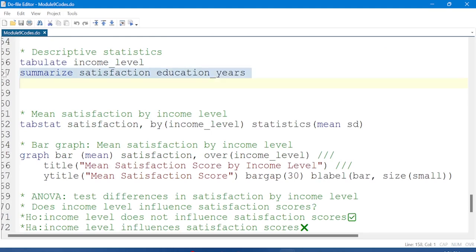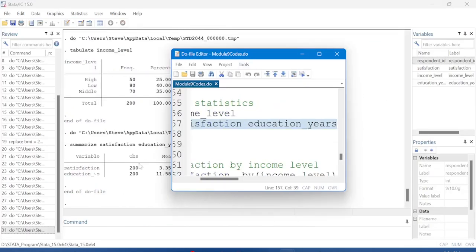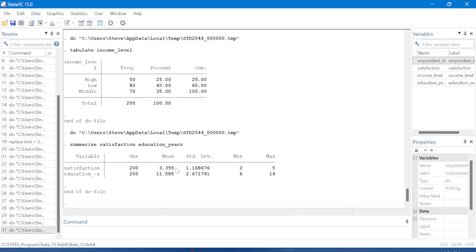Do summary statistics, or 5-number summary, of satisfaction versus years of education. This is what we get about satisfaction and years of education, or years someone took to study. Minimum 6, maximum was 19.